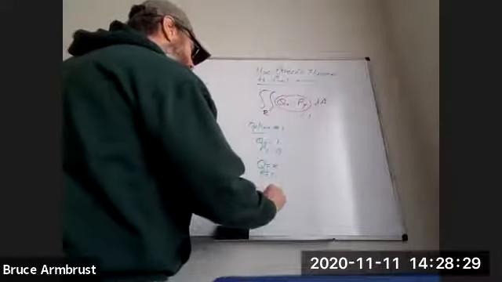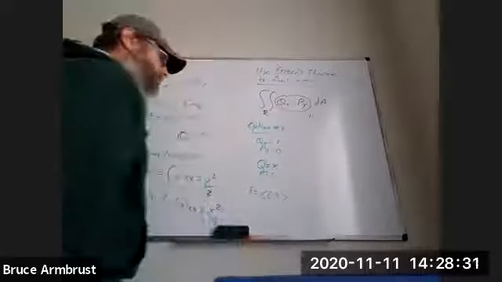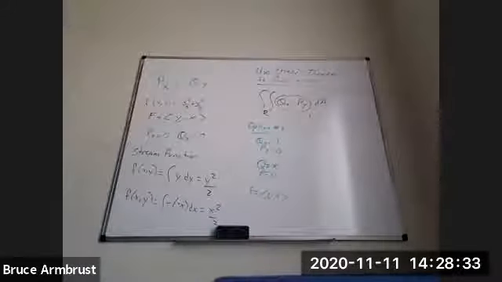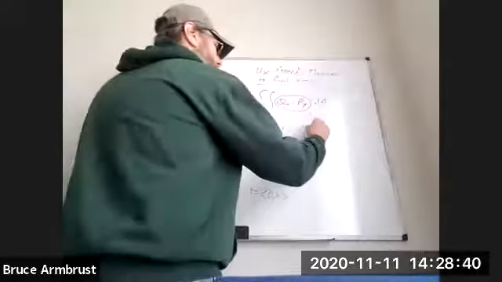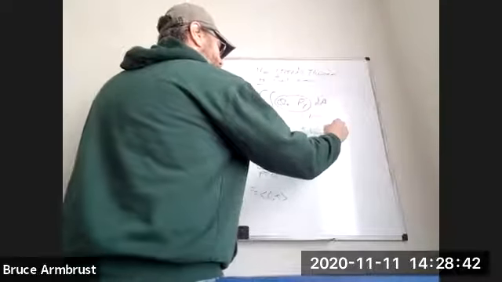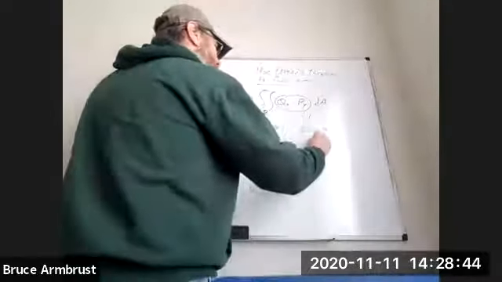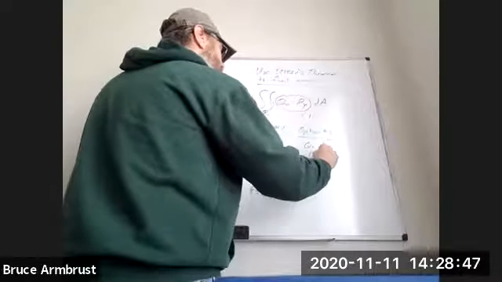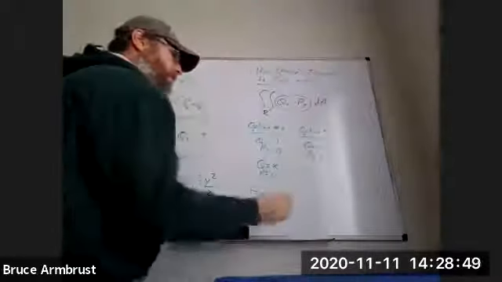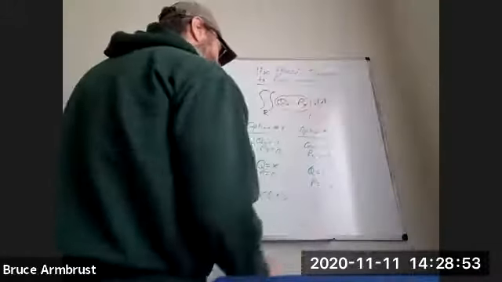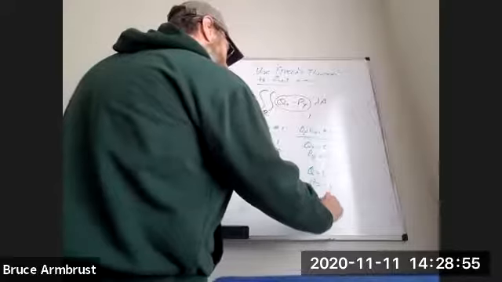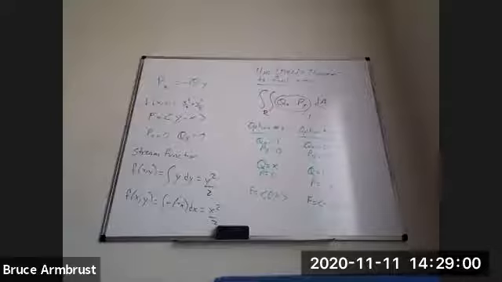So we could use the field 0, comma x. A second option would be where Q_x equals 0 and P_y equals minus 1. So that would make Q equal 0 and P equal negative y. So we could use negative y, comma 0.